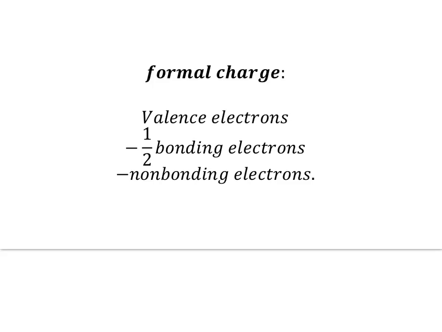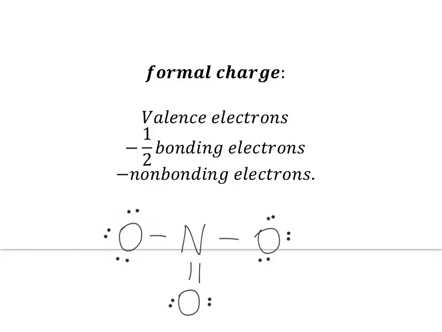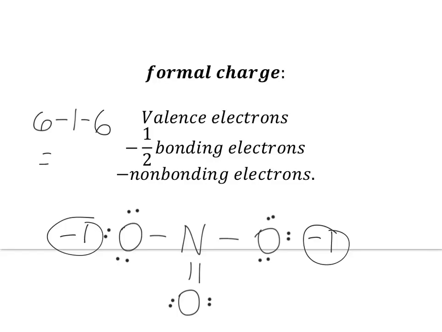Alright, now let me give you an example real quick. Our formal charge for oxygen in this case would be its valence electrons, which is 6, minus half of our bonding electrons, which would be 1, minus the non-bonding electrons, which are 6. That gives it a formal charge of -1. And this one over here would also have a formal charge of -1.